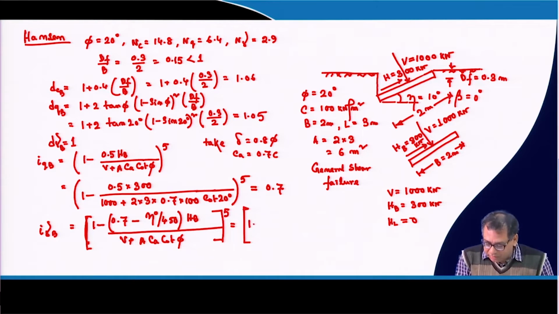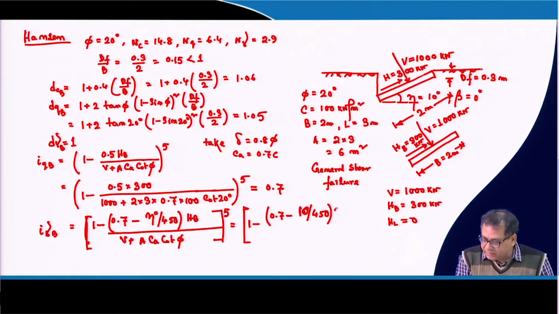So, 0.7 minus eta, which is 10 degrees, divided by 450.